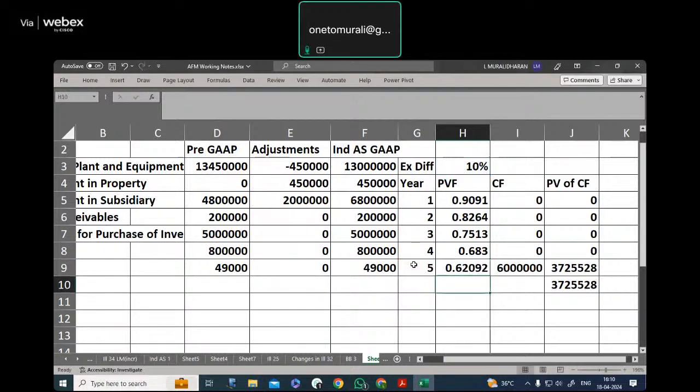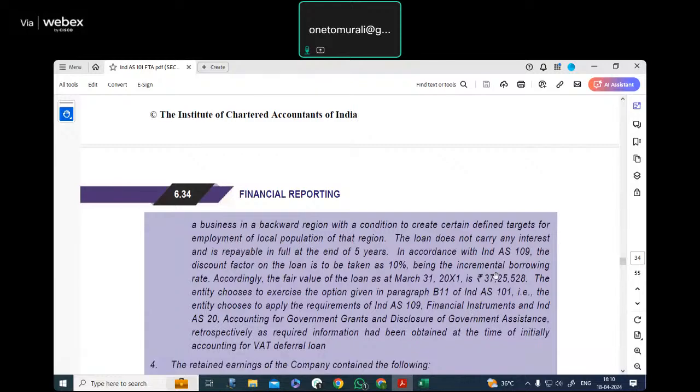So without any restriction, if you take it up, it comes to 37 lakhs 25,528. That is what they have just given. Okay.